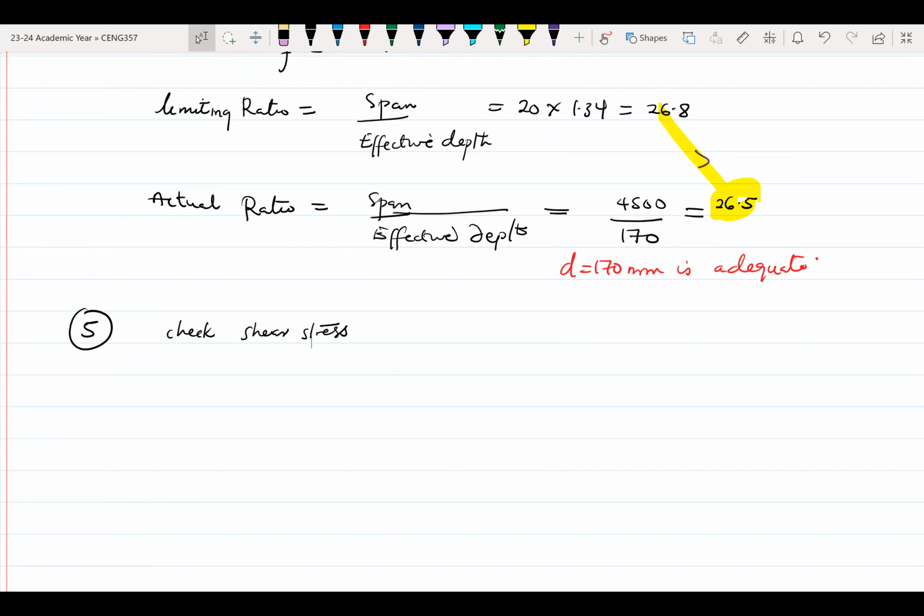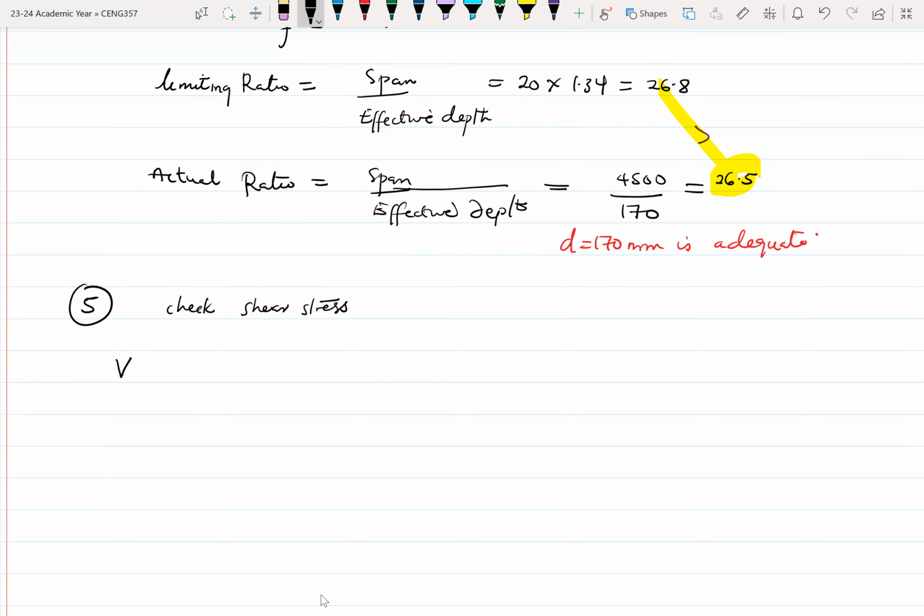So let's look at the shear at the face of the supports. V at the face of support, VS. Going back here, this is our slab, and our UDL on it.